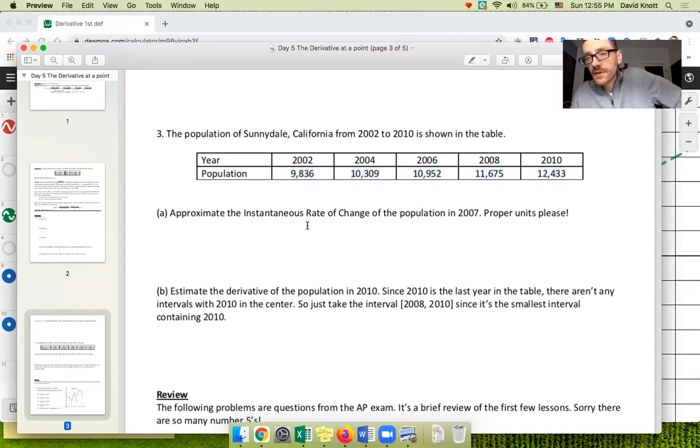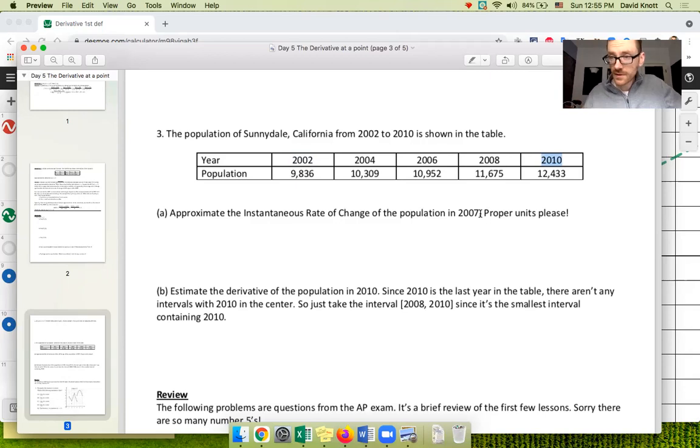And how do we approximate it? Well, the idea, of course, is that the average rate of change over an interval will approximate the instantaneous rate of change of the function at a point inside of that interval. So we want to approximate the instantaneous rate of change in 2007. There's lots of different intervals that contain 2007, like, for example, 2002 to 2010, and there are others.